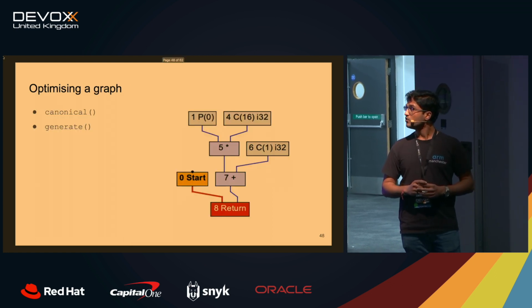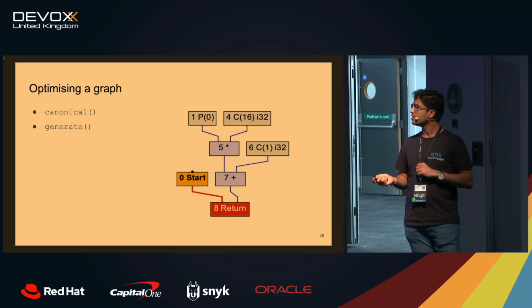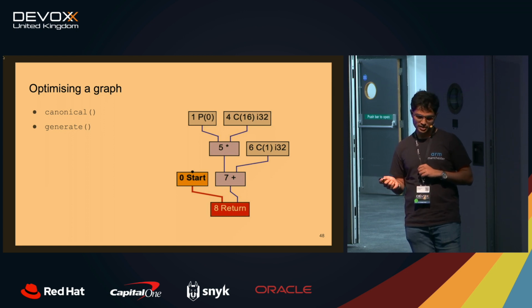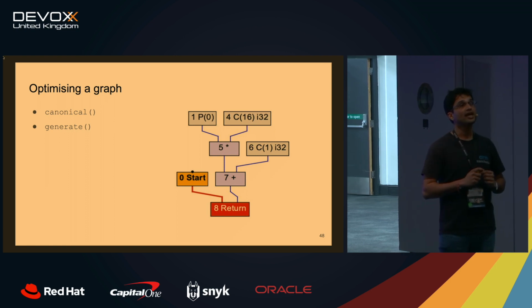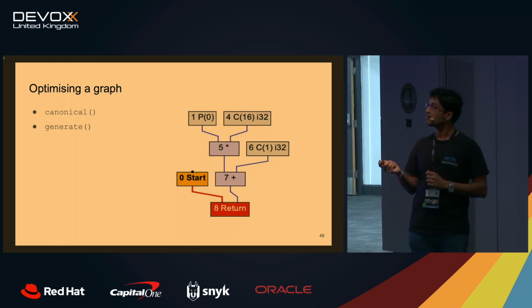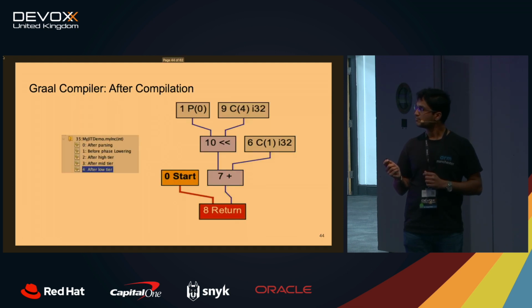Cool. So getting back to our original example, we have our code here for myIncrement, which does the add, and my mult, which was doing multiplication by 16 here. And you may have noticed this is the graph for just the myIncrement method.